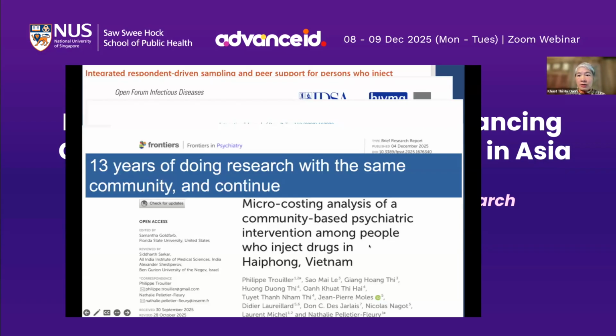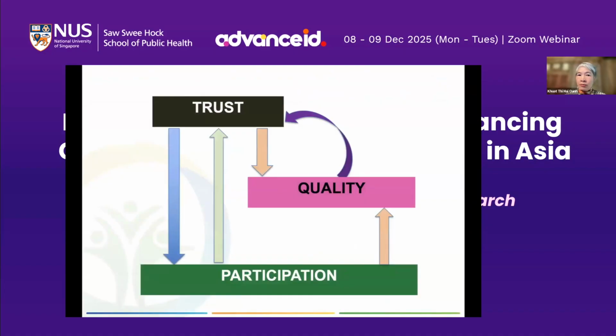The idea of doing a first research on HIV has now evolved into many, many other topics. And we are able to do so because we work with the community. And when I was asked to speak about trust and participation, I could see a very clear relationship between trust and participation.